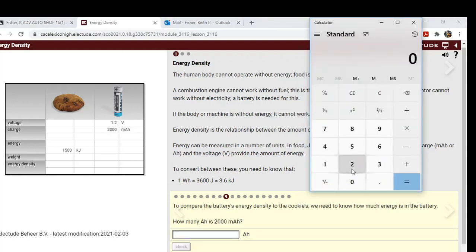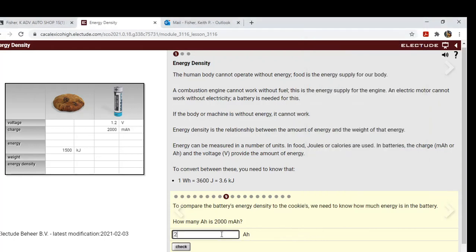Clear, 2,000 divided by 1,000. We come up with 2. That's because we're converting milliamp hours to amp hours, so we need to divide by 1,000.